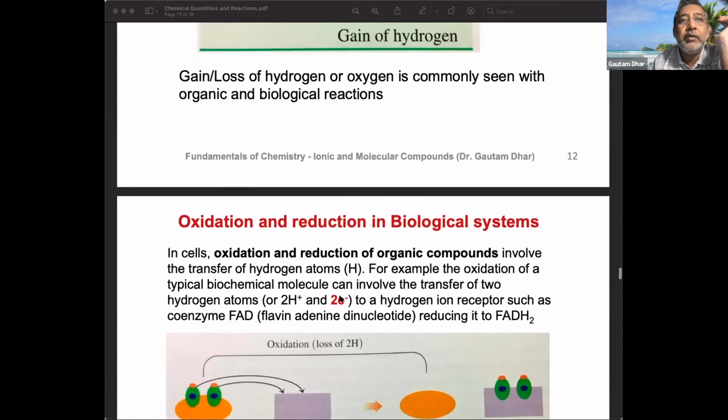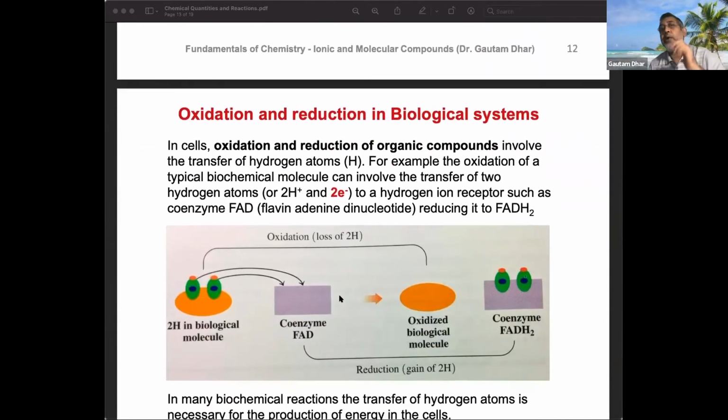And there are very common important reactions like NADH, FAD. You can see this biological molecule reacting with this coenzyme FAD to give FADH2. So there's the addition of hydrogen. So this is a reduction reaction.